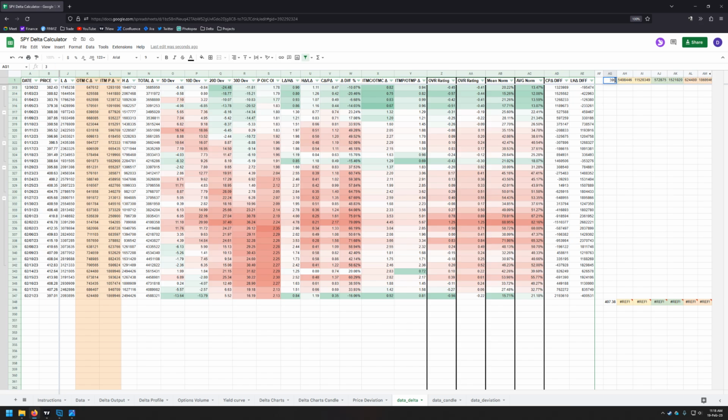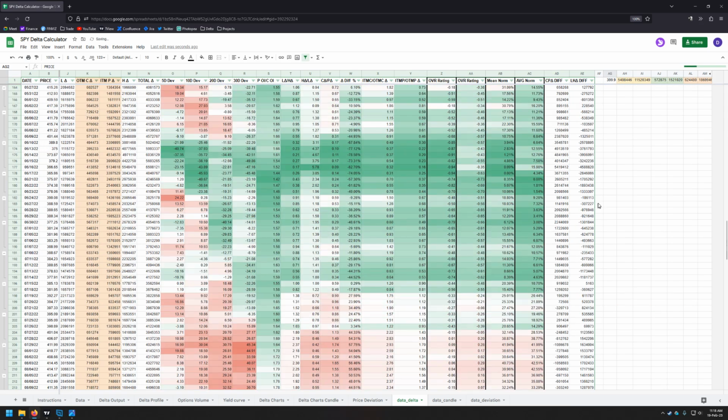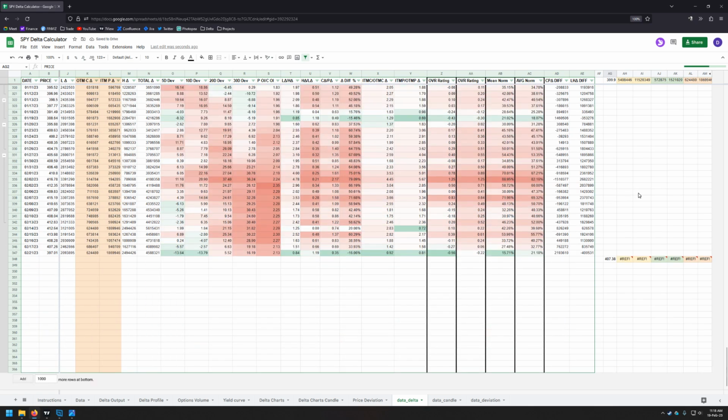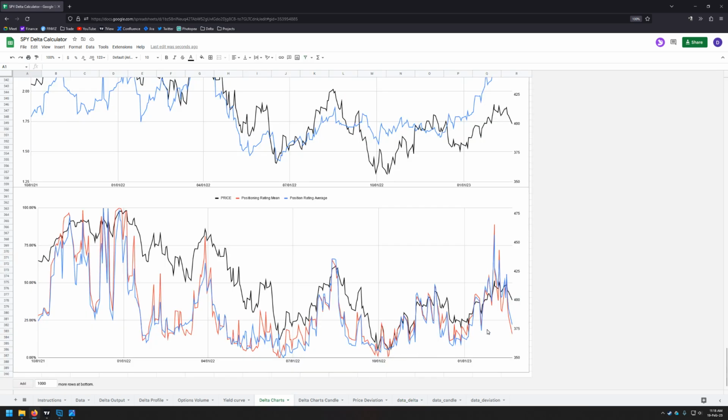And at 399.9, I shouldn't be doing this. 50% as well. So basically, once we get to below 400, we're already at a good buy point. And if we hold the trend line of the delta positioning, we should be good with a good buy there.